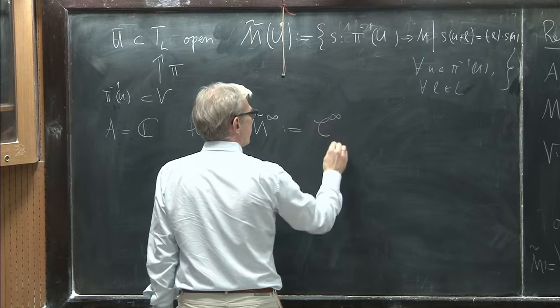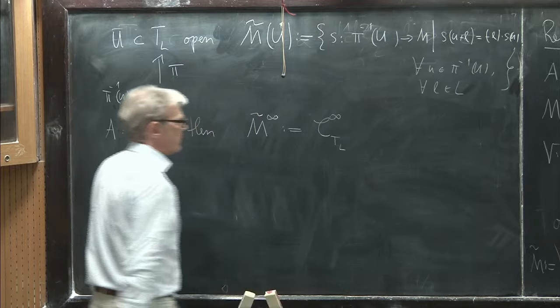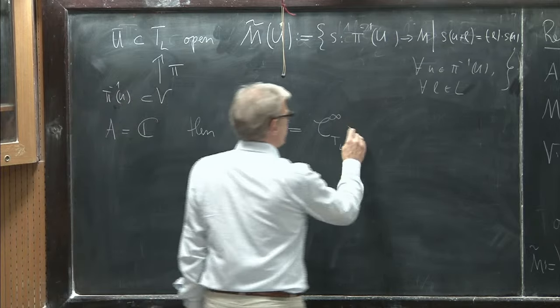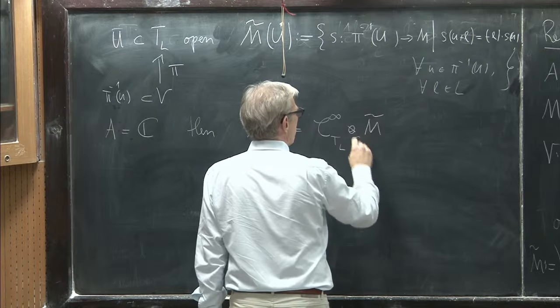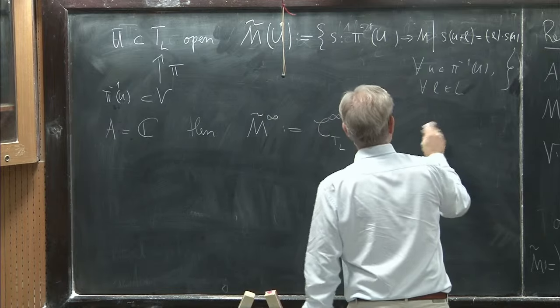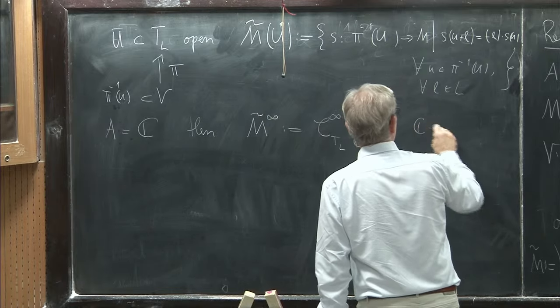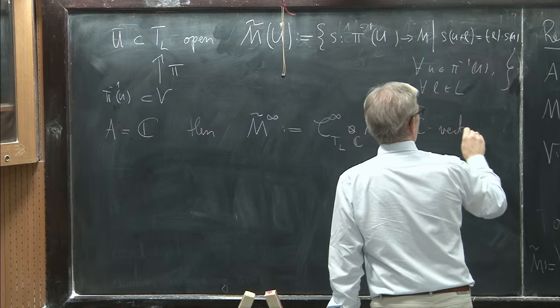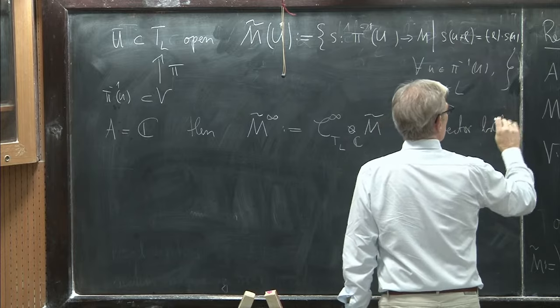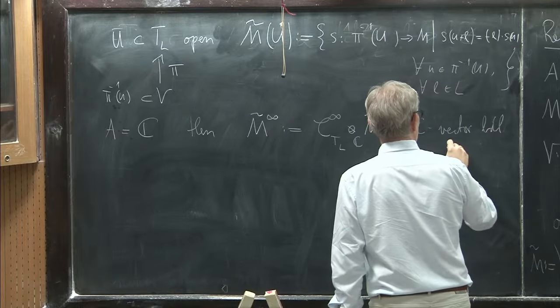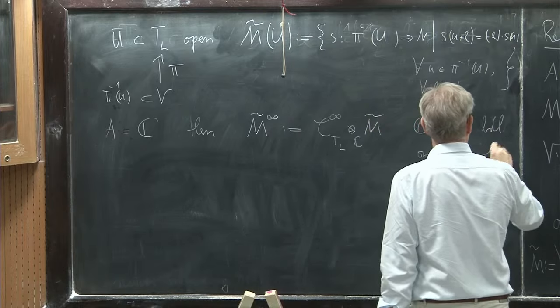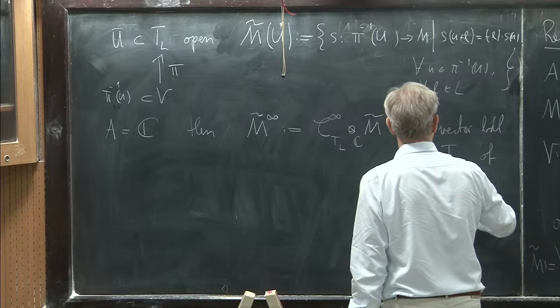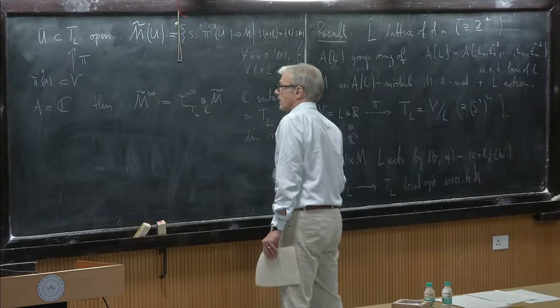So we take the complex valued C infinity functions on the torus and tensor this with this bundle over C. So this is a complex vector bundle on the torus of dimension n.